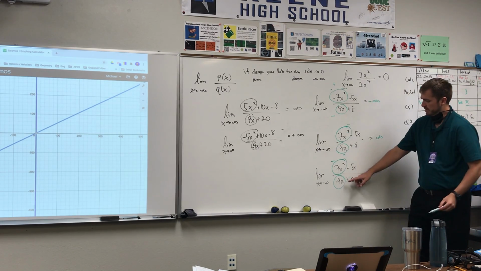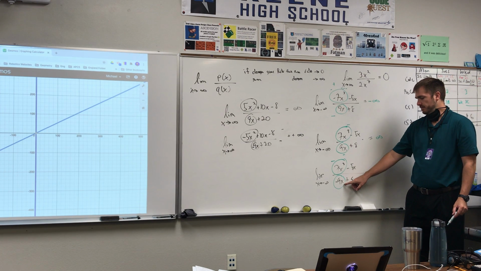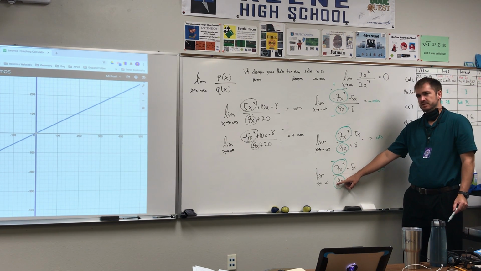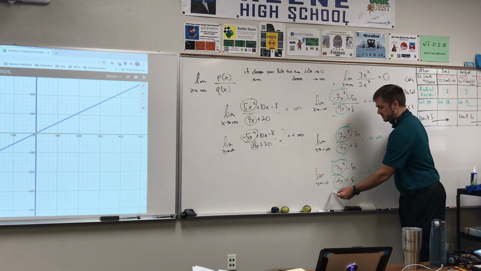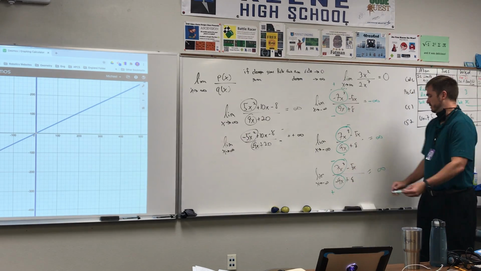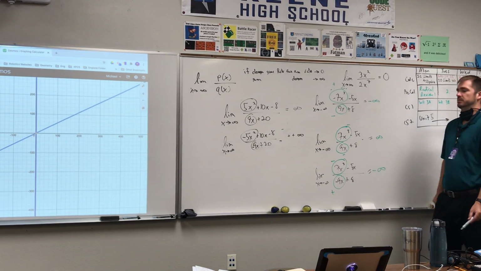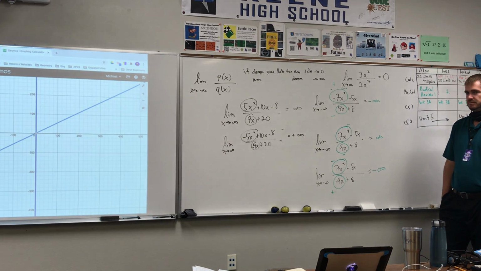Down here, the x term is negative, and I'm multiplying that times negative 9, so it's a negative times a negative, positive. So negative in the numerator, positive in the denominator. It's going to be negative. So basically, if it's negative infinity, the negative carries on to the x.